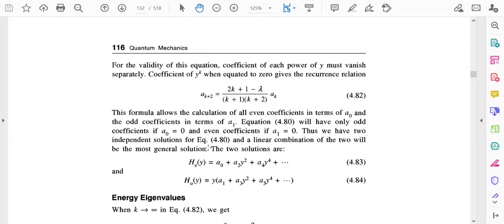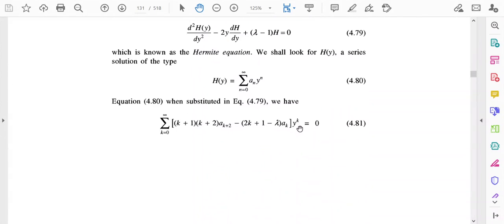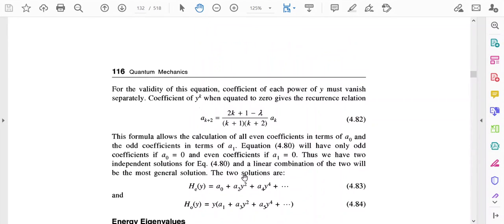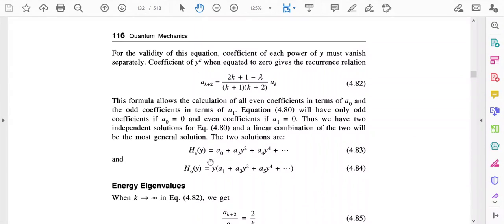So basically we have two independent solutions for equation 4.80, and the linear combination of the two will be the general solution. We can express the solution in this manner. We write HE, where the subscript E means even: a0 plus a2 y square plus a4 y to the power 4, and so on.